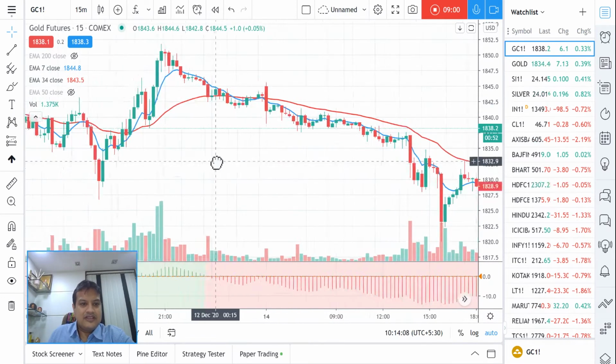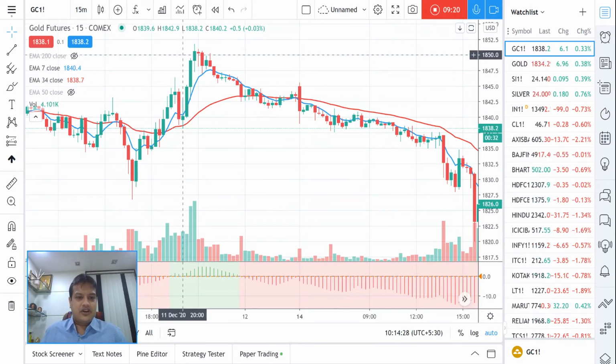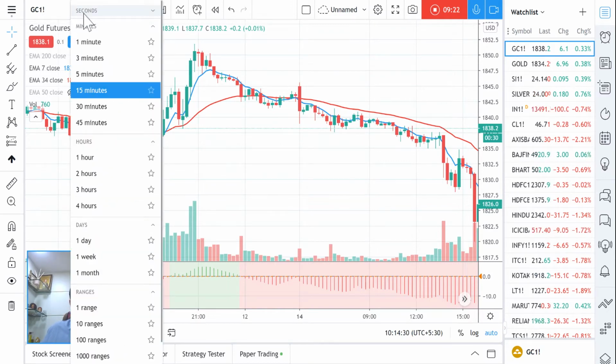So this is just an indicator of what exactly the move of this stock is going to be. Now, this 15-minute chart can give you an early indicator, but for a smaller move. If you want to earn, say, $1, $2, $3, $5, depending on your risk appetite, you can go for a 15-minute chart. But if you want a little higher move, you can go for the 1 hour chart.